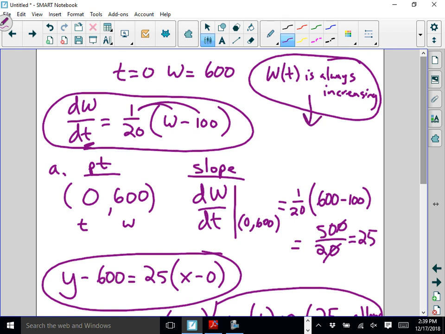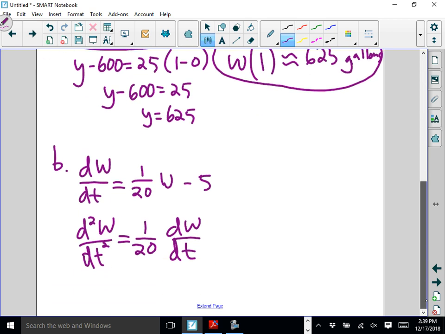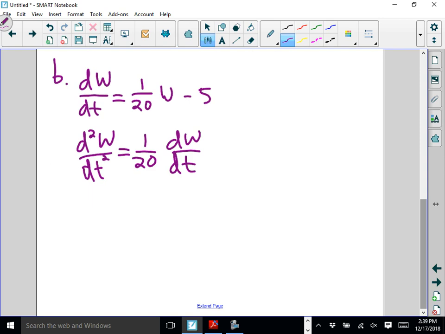So right away, I know that dw/dt has to be a positive number. This right here is a positive constant. A positive number times a positive number makes a positive number. So without even subbing back in for dw/dt, I can say that this second derivative is always greater than 0.